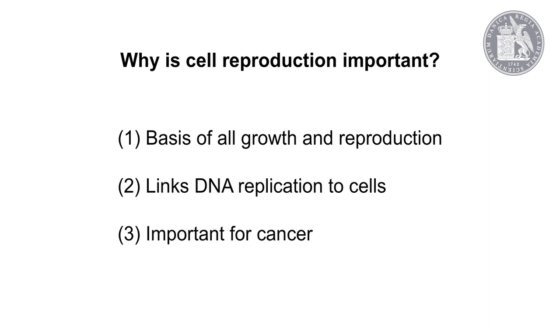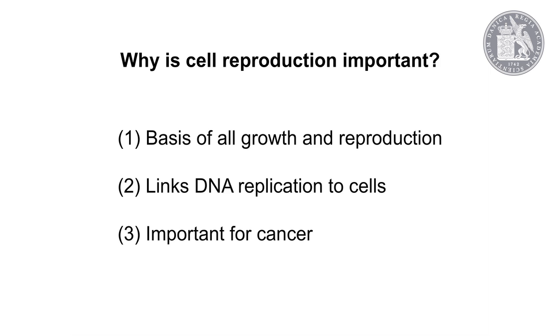The second, somewhat less obvious, but already indicated in a very nice introduction, is that it links the molecular replication of the hereditary material, that is the DNA double helix of Watson and Crick, to biology, to the division of a cell, because the molecular replication of DNA is of no consequence unless it's linked to biology. The biology link is through the cell division process. So that's the second point I want to make.